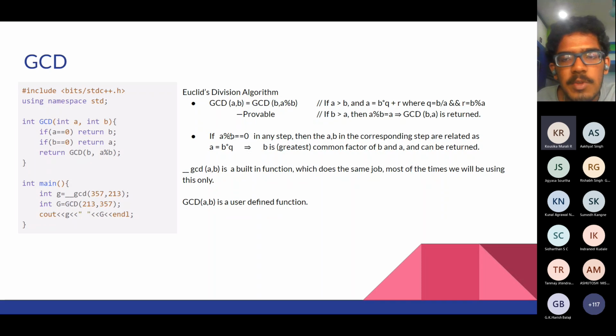And now we have swapped the positions of A and B. So we will get the higher number first, and then you can do the same thing in the next iteration. And now if A percentage B becomes 0 in any step, we return the other value, because we can write it in terms of multiples.